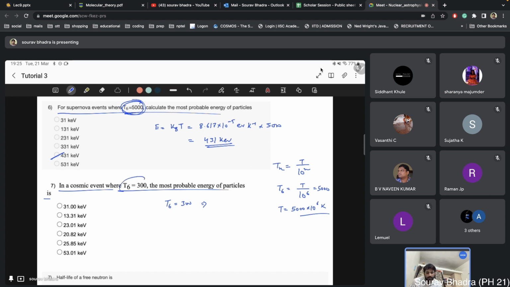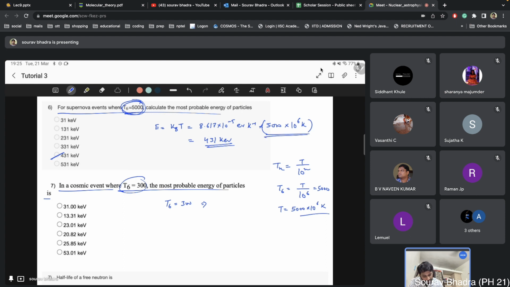We express like this, like sometimes we express M4. That means the mass times 10 to the power 4 is actually the value. So this type of expression is very useful for astrophysical scenarios. So this will not be 5000, it will be 10 to the power 6 K. I have done it correctly in my rough sheet.